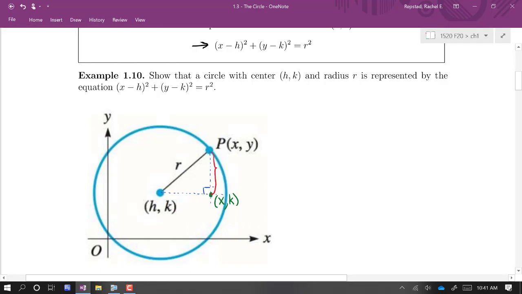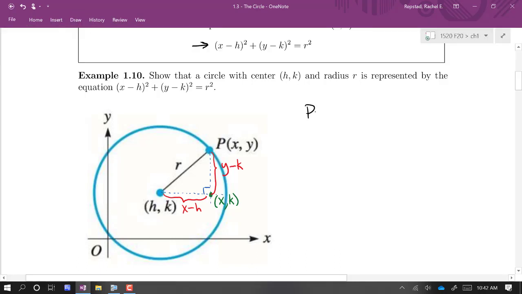Now we're going to find these lengths of the legs. So this vertical length, the vertical length is always top y minus bottom y. That's y minus k. A horizontal length is always right x minus left x, so that's x minus h.